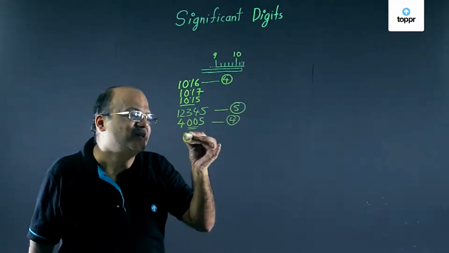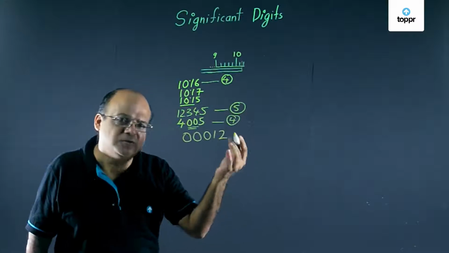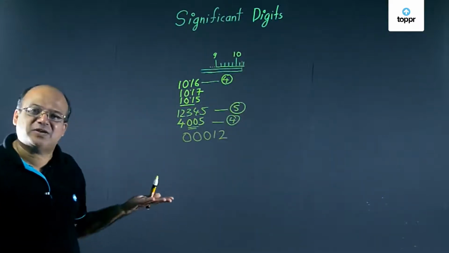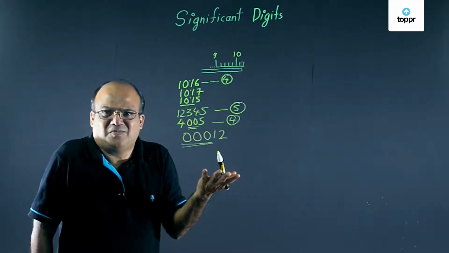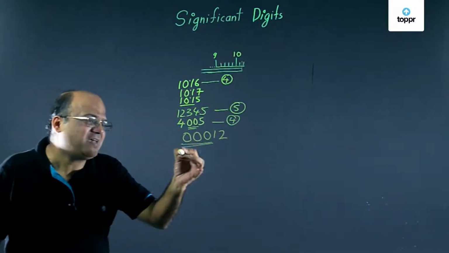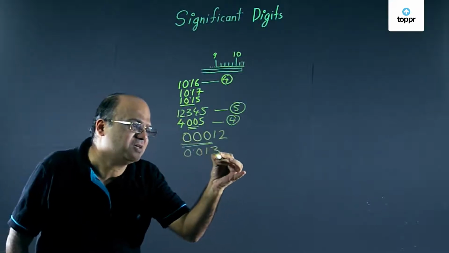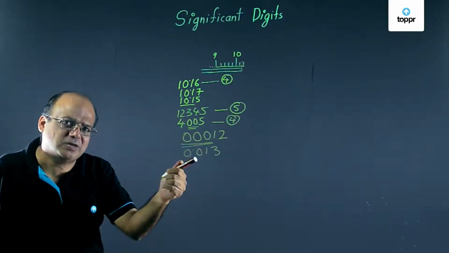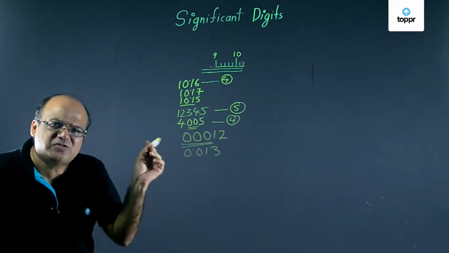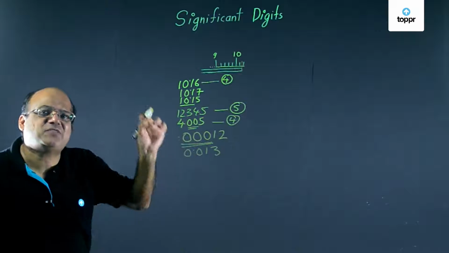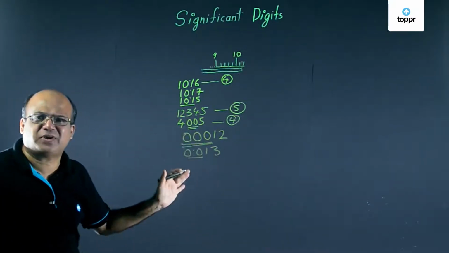If a reading is 00012, you say the number of significant digits is 2 because you know these zeros are totally useless. But if the number has a decimal point, 0.013, this 0 is important as far as the reading is concerned, but this 0 is not showing the accuracy of the measurement. Therefore, this 0 is not significant.